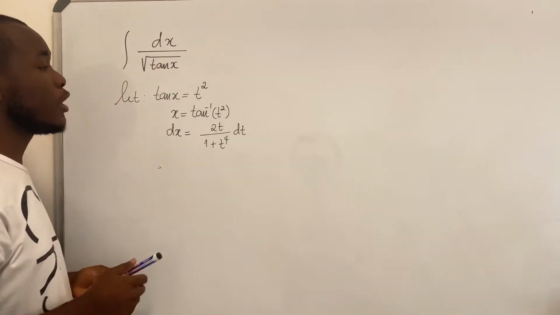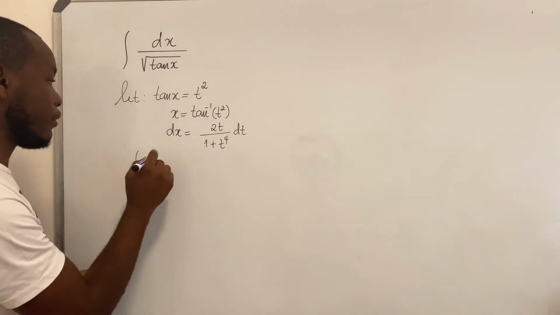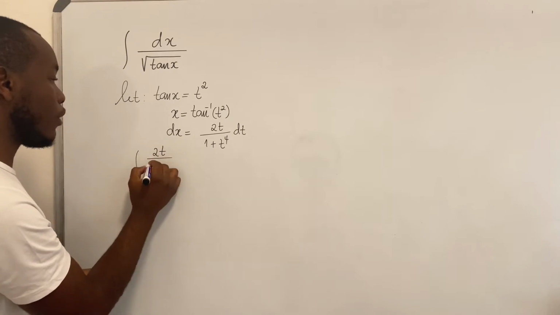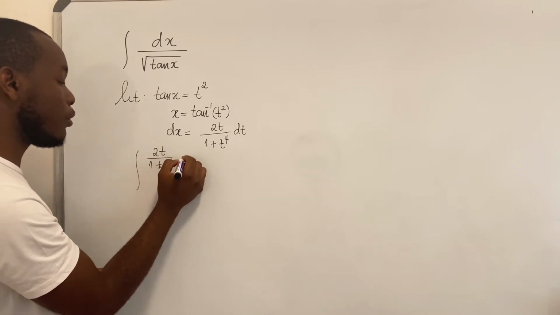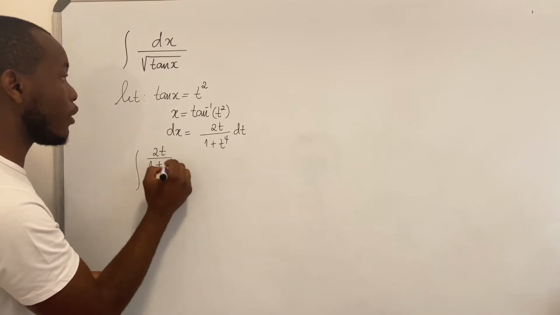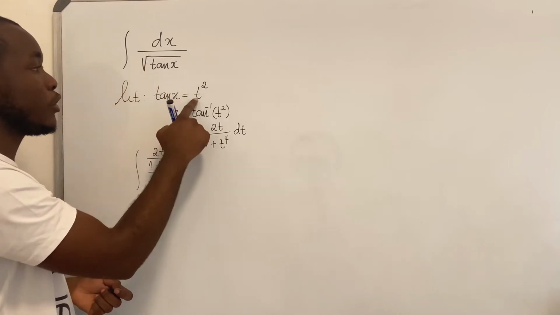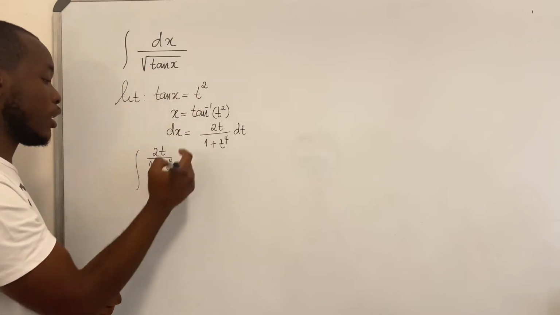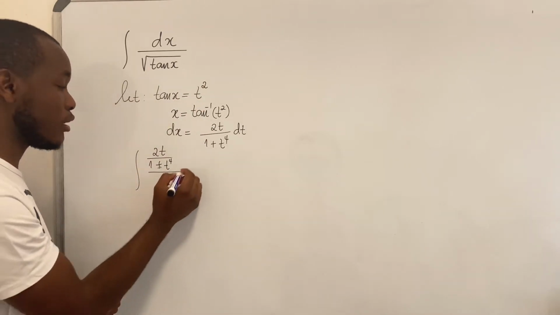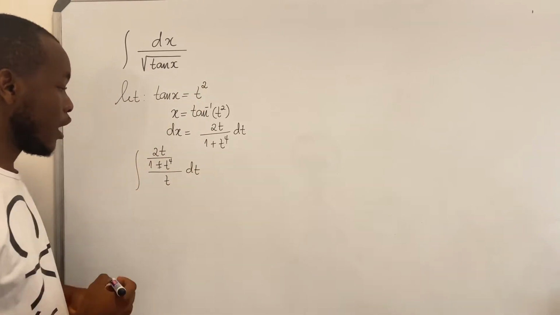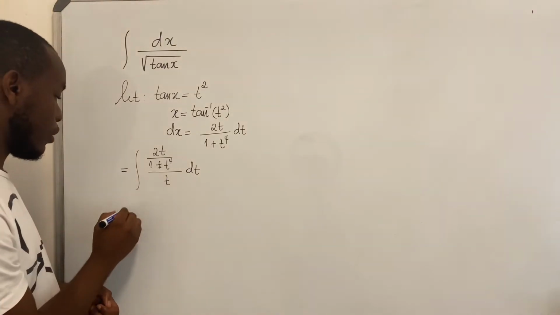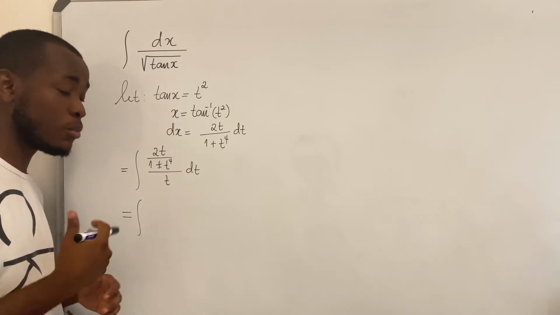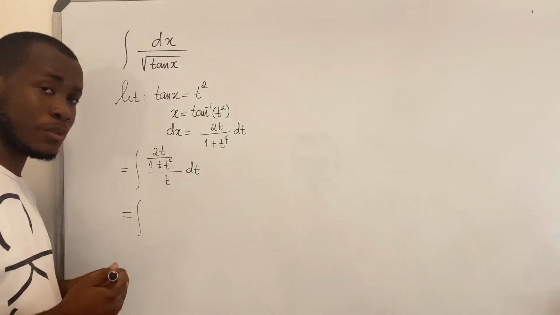Now substituting in our integral, the value of dx is this expression. So 2t over 1 plus t to the power 4, over the square root of this expression, which is t, because tan is t squared, so it simplifies with the index and becomes just t, dt. Now if we go further, what do we realize? We apply the principle of dividing fractions, which is multiplying the first one by the inverse of the second one.